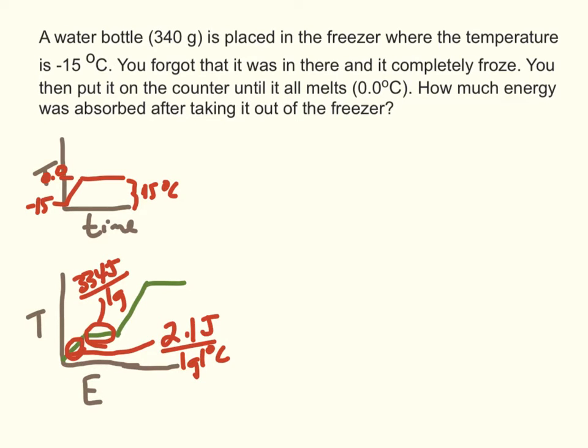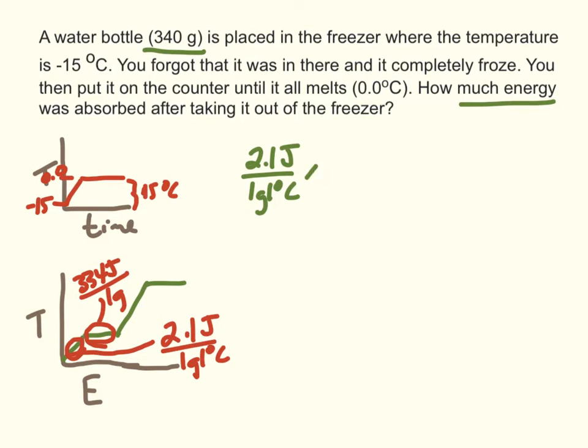So taking one step at a time, I'm going to start with this bottom section right down here. And in that bottom section, we need to end up finding how much energy. That's what it's asking us to find, how much energy. So I need to start with energy on top. I had 2.1 joules for every 1 gram, 1 degree Celsius. But I didn't have 1 gram. Instead of 1 gram, I had 340 grams.